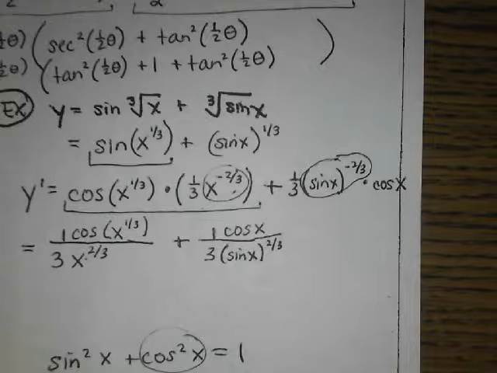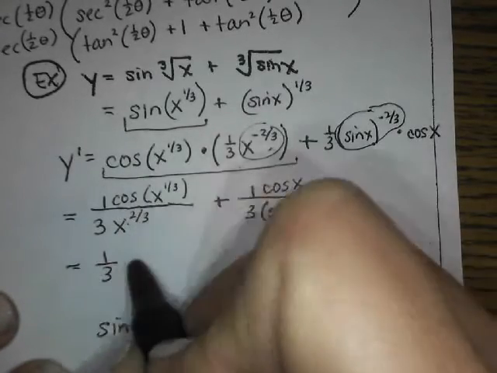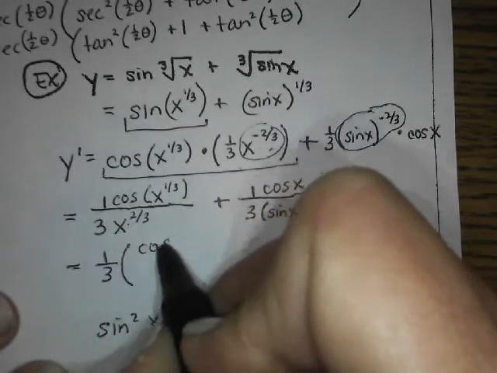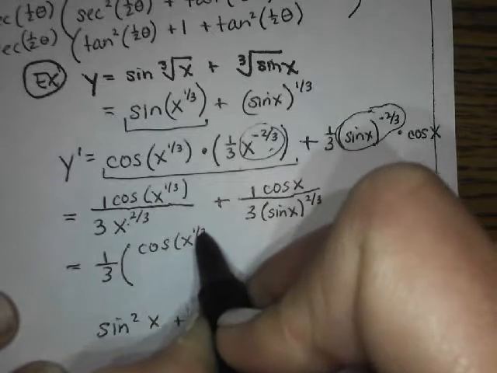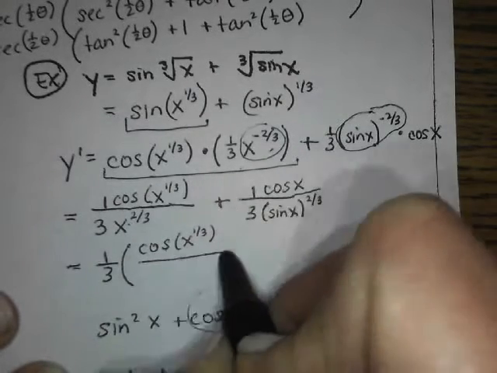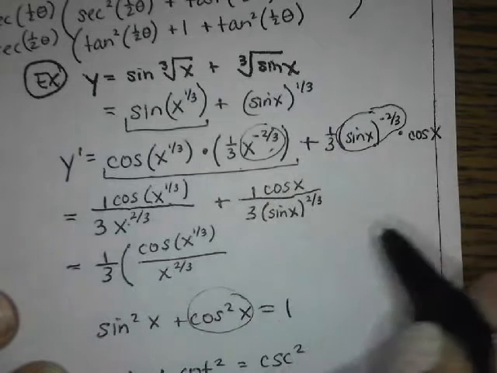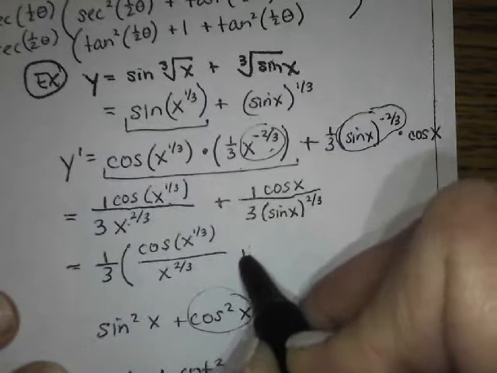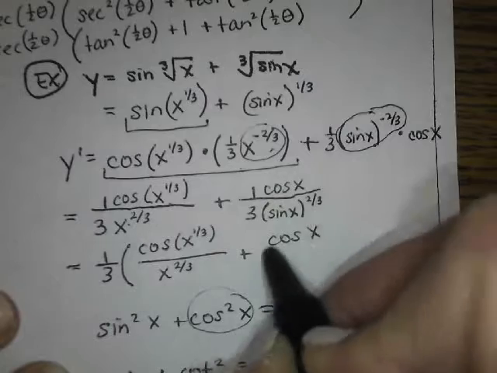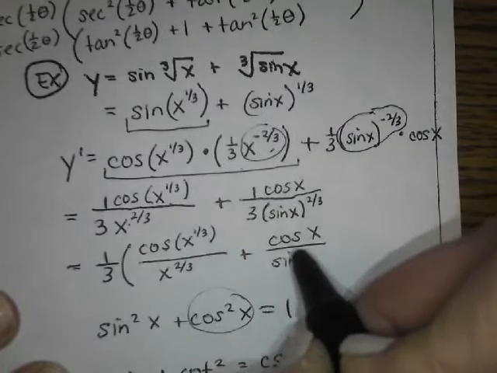The only thing I think you could do is take out a 1/3. So we could take out a 1/3, and it would just be cosine of x to the 1/3 over x to the 2/3 plus cosine x over sine x to the 2/3.